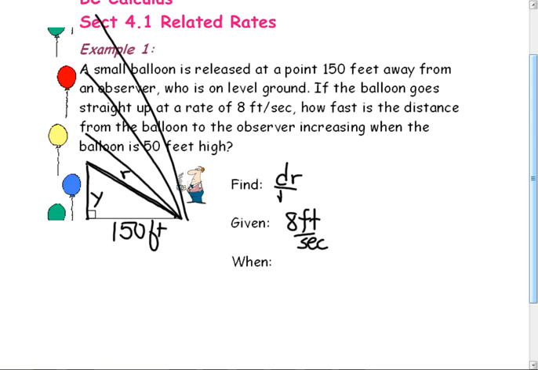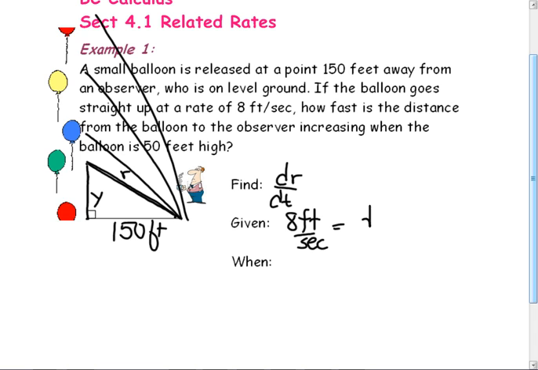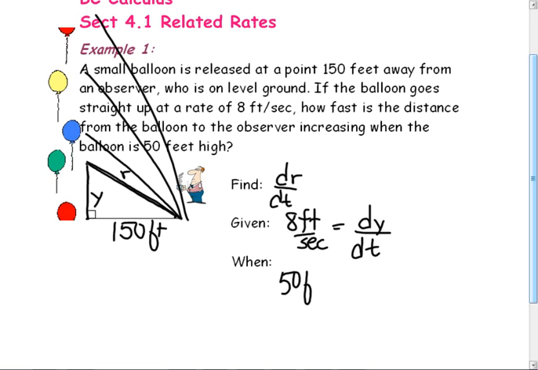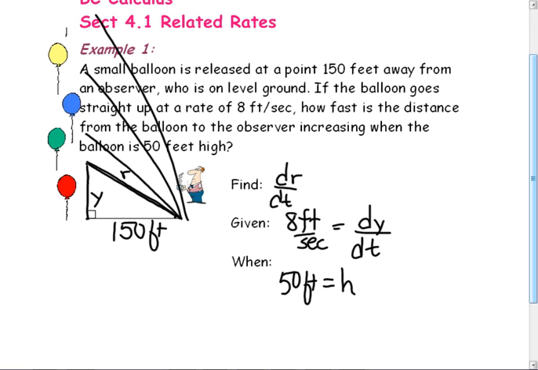R with respect to time. And what is the 8 feet per second? It's the change in which one? No, not X. Y. That's why I didn't want to use X. And when the balloon is 50 feet high, so what's 50 feet? H. And I just do this to help me organize my thoughts and see what the relationships are here.